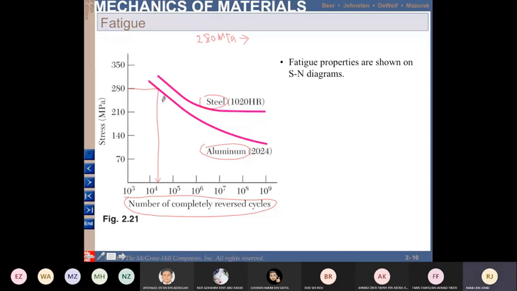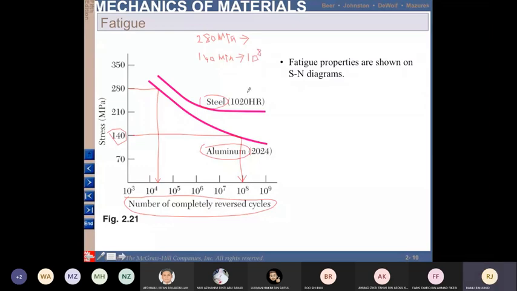After this number, the chair will fail. If you give load at, for example, 140, the chair can last until this value, until this cycle repetition time.